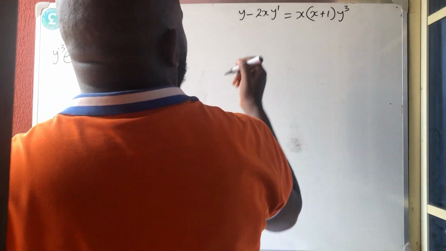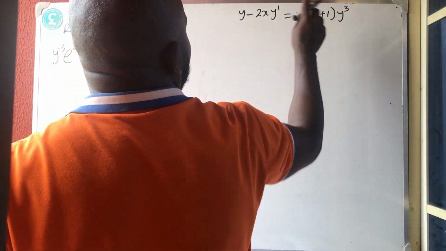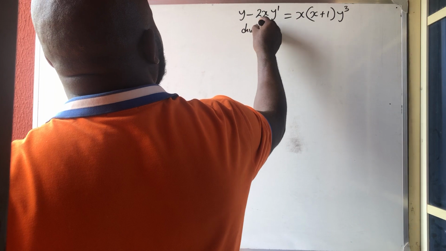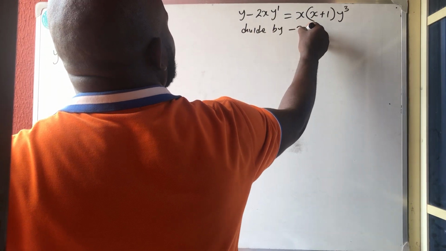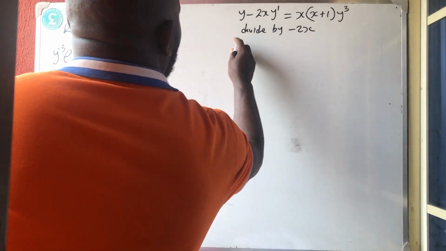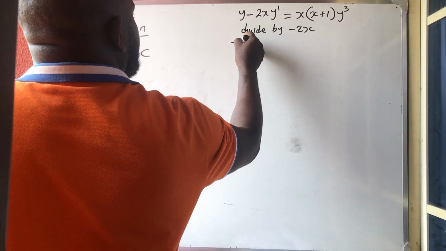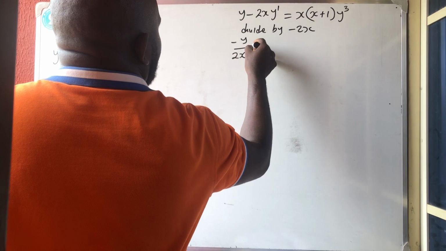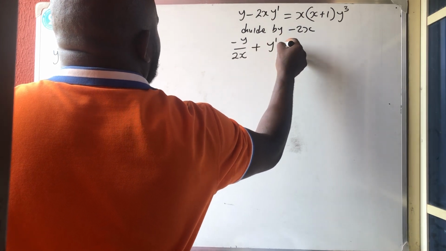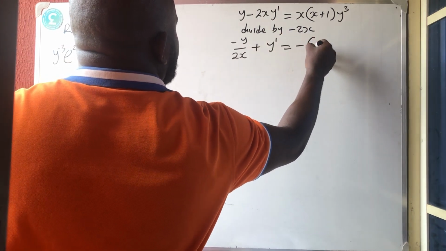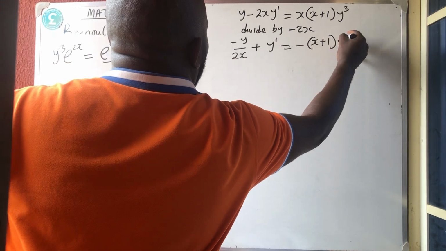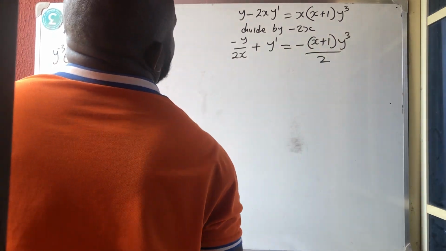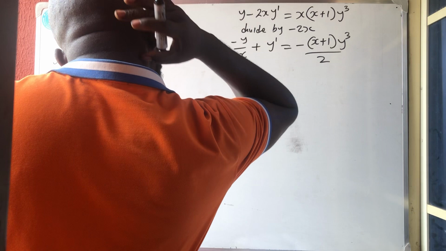The first thing is that the y prime is going to be 1. So I'm dividing everybody by minus 2x. So I'm having minus y over 2x plus y prime is equal to minus x plus 1 y cube all over 2. Yes, because the x here will cancel the x here.